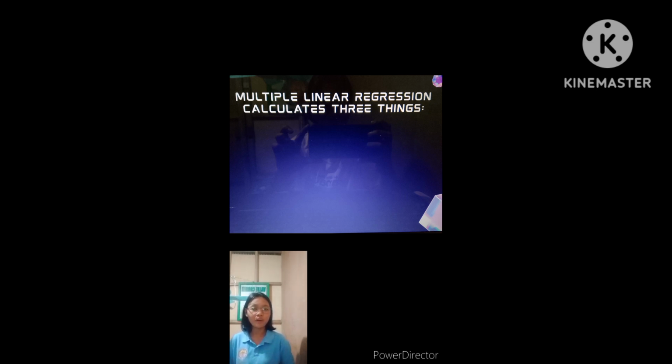Let's proceed to the things that we can calculate via multiple regression. But first, let's define multiple regression based on the previous report. Multiple regression is a powerful statistical technique used to analyze the relationship between a dependent variable and two or more independent variables. It is an extension of linear regression, which only considers one independent variable.